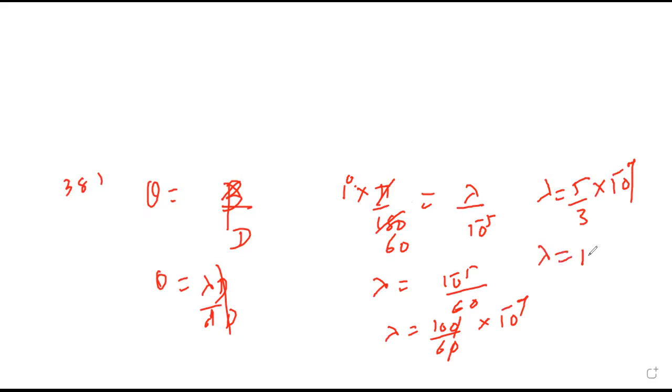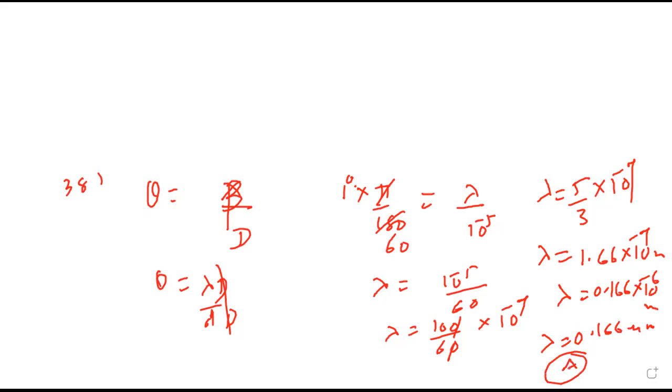So this will be 1.66 into 10 raised to minus 7 meter, which is the same as 0.166 into 10 raised to minus 6 meter. That means 0.166 micrometer, which is in close agreement with A. See, this is 1.6 because I took pi as 3, so it is slightly greater than this.